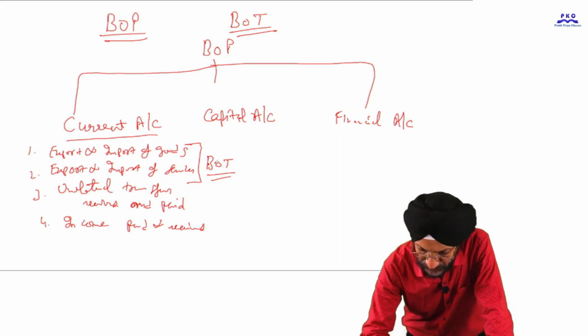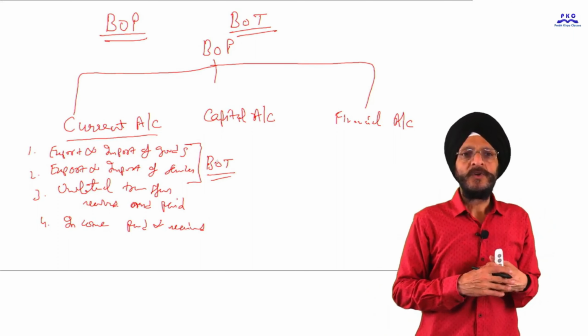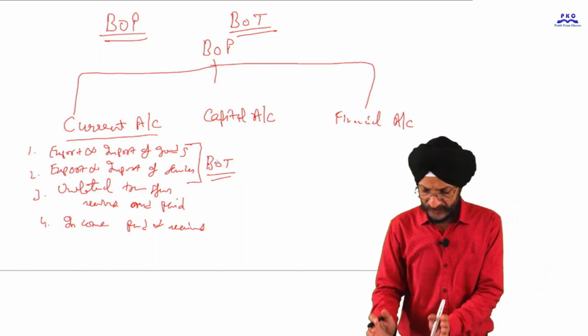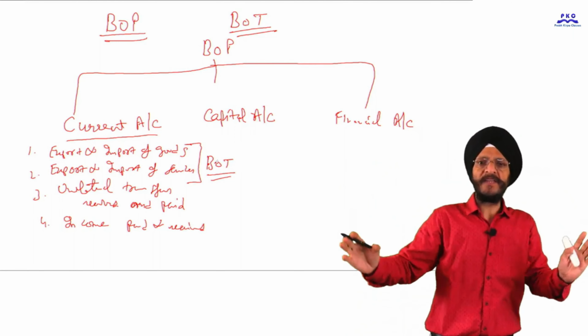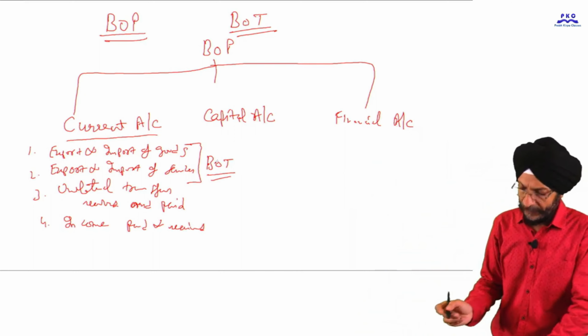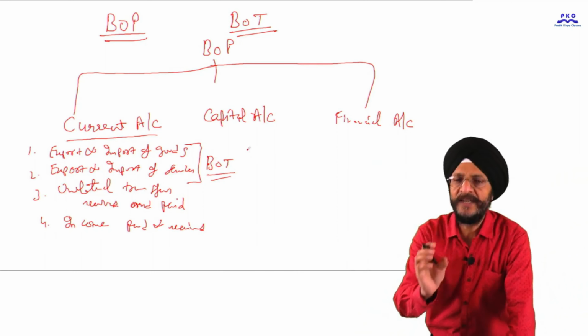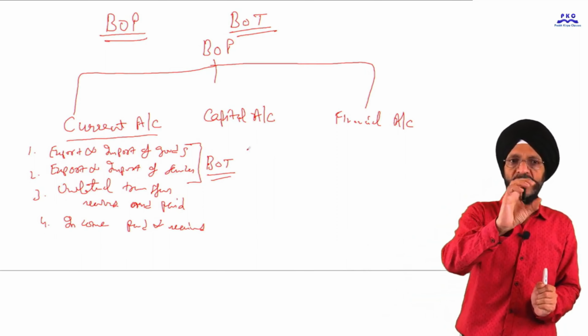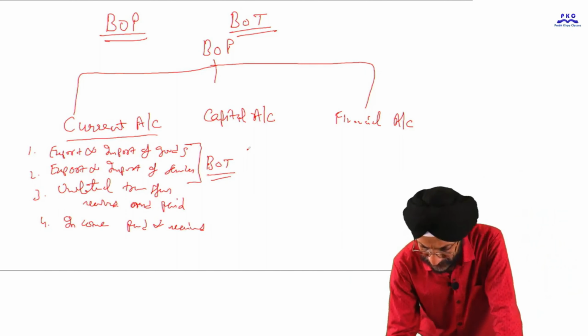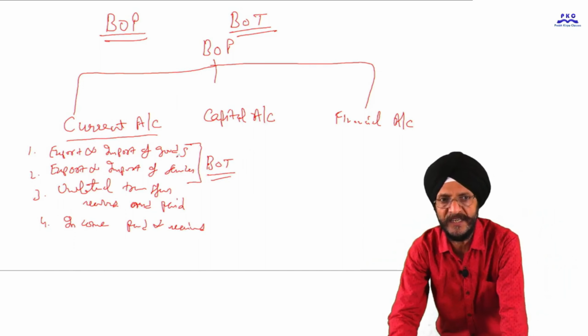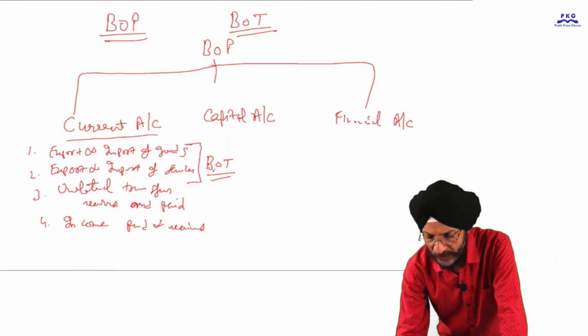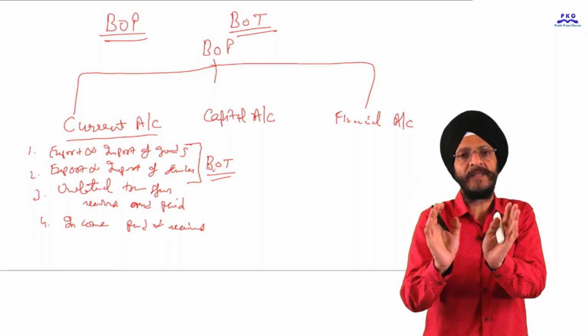So from this overview, you can see that balance of payment is a very bigger concept, and balance of trade is a very narrow concept as compared to BOP, as it pertains only to the difference between export and import.